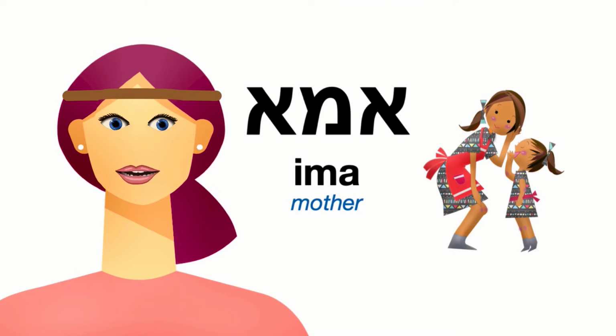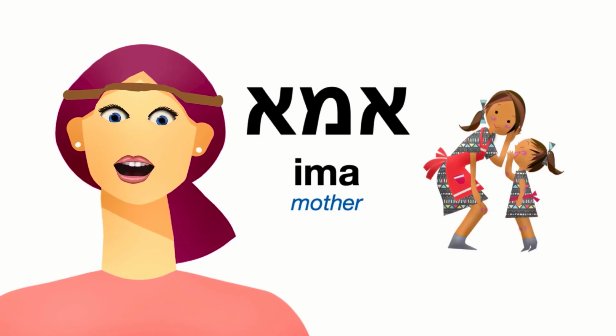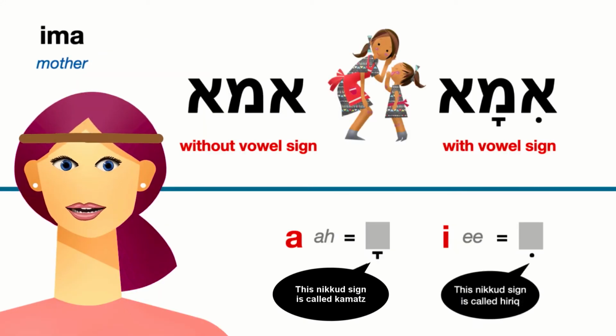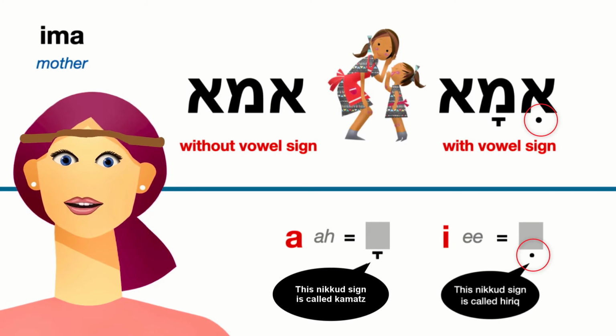Now, in this example, we have the letter mem within a word. Ima. This is the Hebrew word for mother. Ima is formed by an aleph, a mem, and another aleph. Note that under the first aleph is a nikud sign for the vowel e.